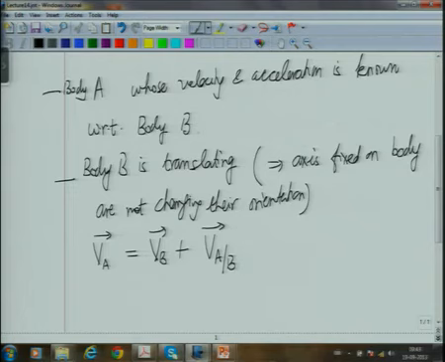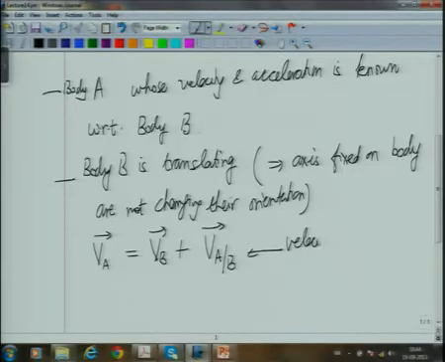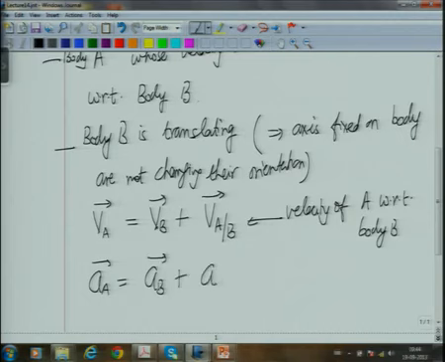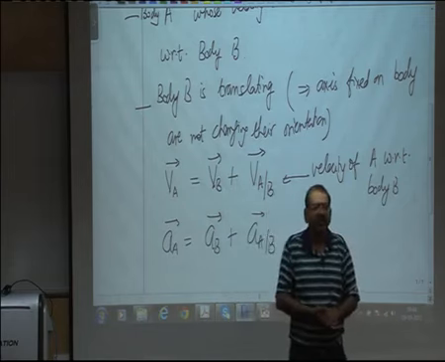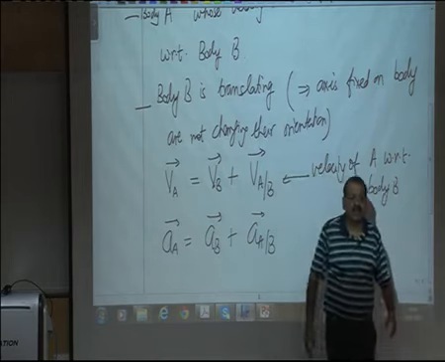That means we know the body B is moving, and the velocity of A is known with respect to body B. Therefore, the velocity of A will be equal to the velocity of B plus the velocity of A as seen from B. The formula also extends to acceleration: the acceleration of body A will be equal to the acceleration of body B plus the acceleration of A with respect to B. But the key point is that this is valid only if the body B is translating.